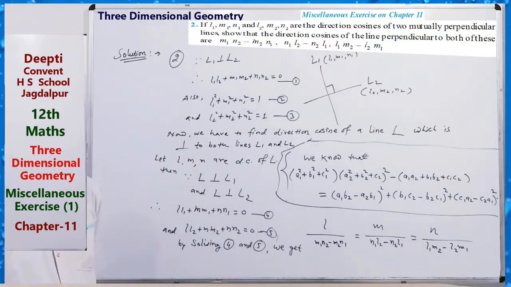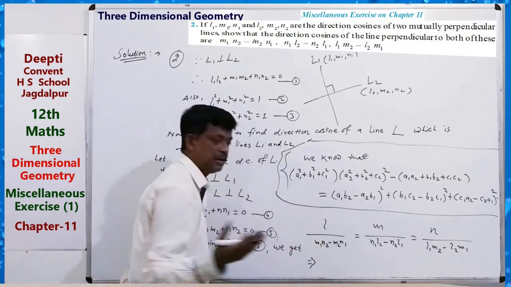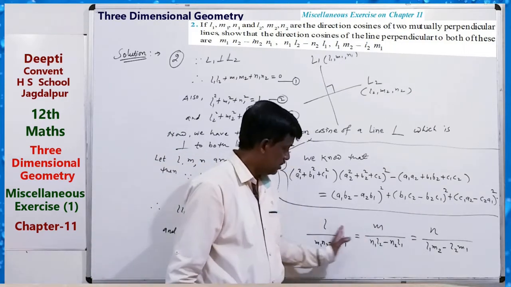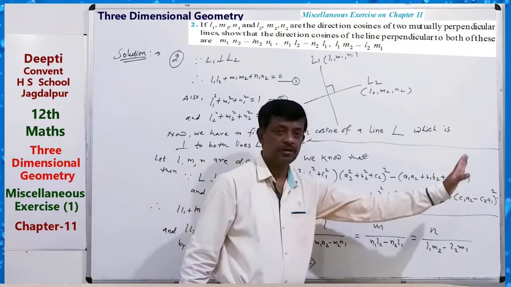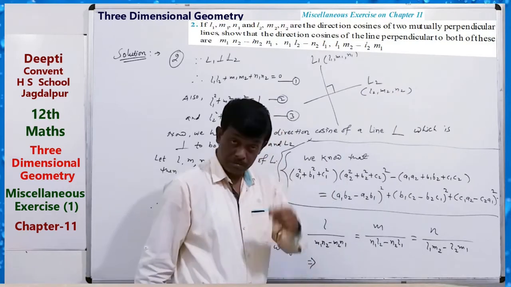Now our target is finding l, m, n. Here we know that if three ratios are equal, then we can sum the upper side and lower side.